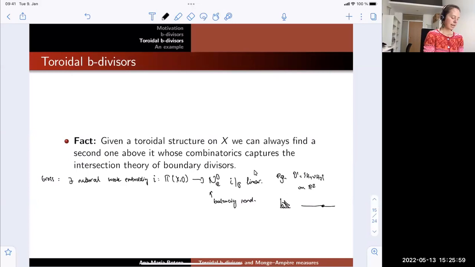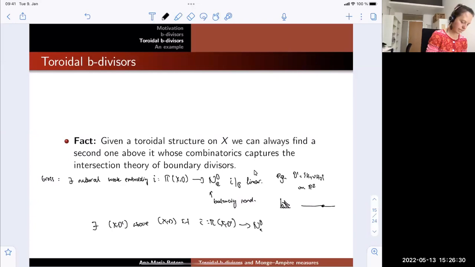But then the thing that we proved is that you can always find another toroidal structure above it, above X_D, such that this weak embedding has the property that the restriction to each of these cones is injective.